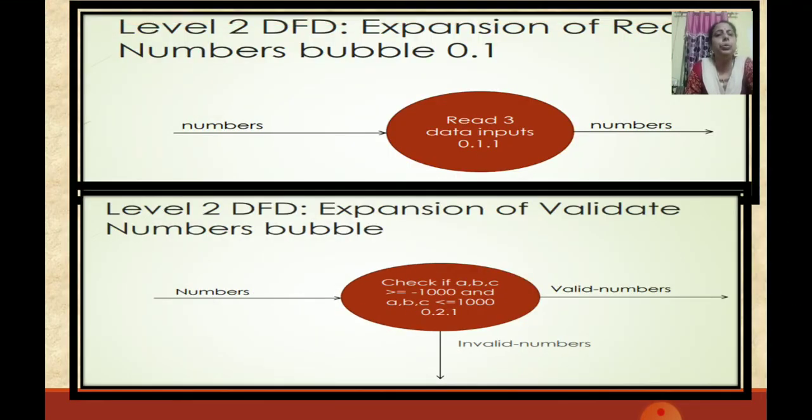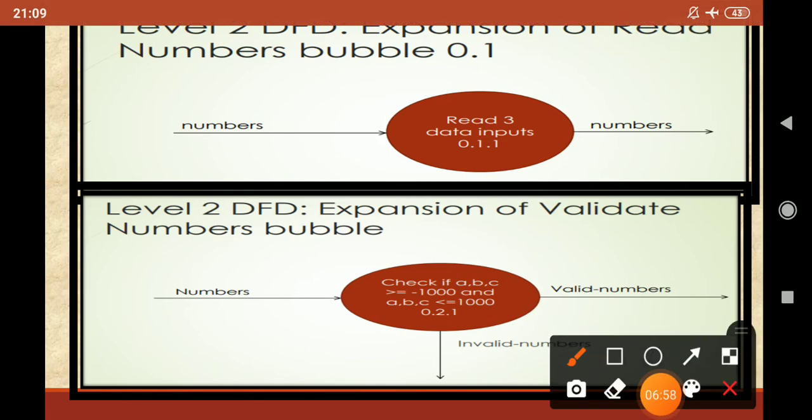This is level 2. In level 2, this is first read number, means 0.1.1. It will accept the numbers and give them to the next process, the next function, that is validate.